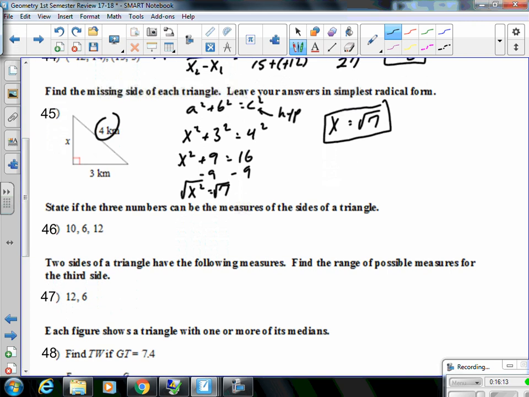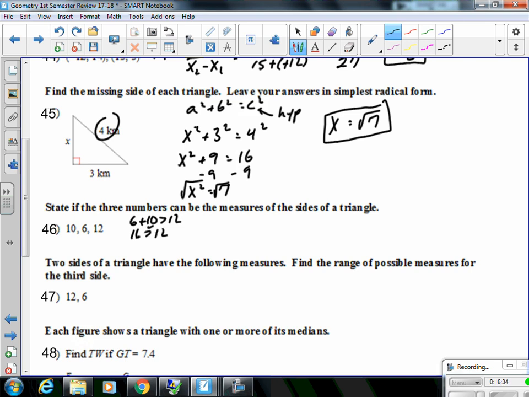All right, 46, state if the three numbers can be measures of the sides of a triangle. So the rule for triangles is that any two sides added together have to be greater than the third side. So 6 plus 10 has to be greater than 12, which, 16 is greater than 12, so that works.